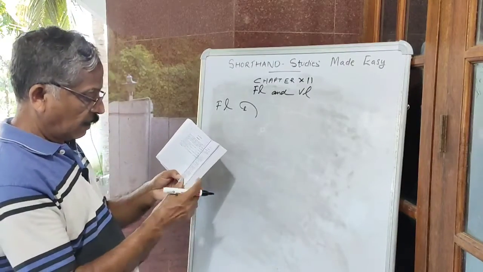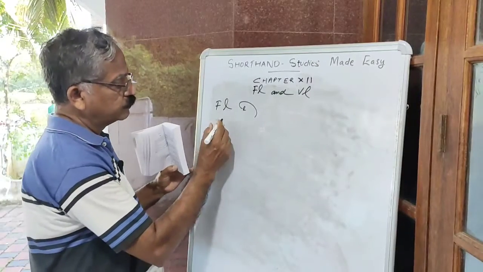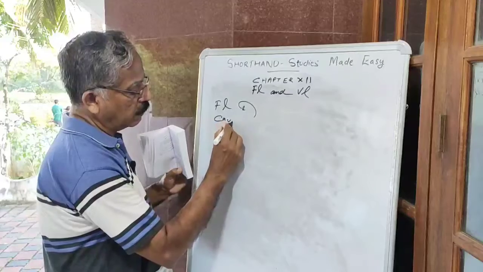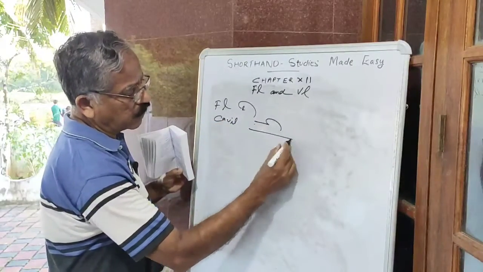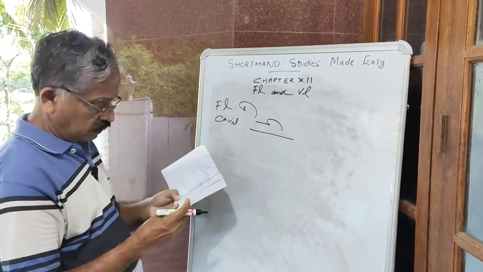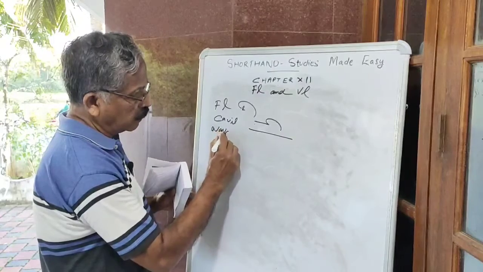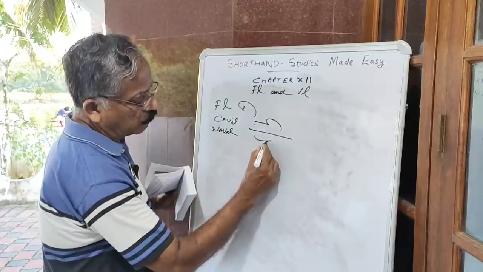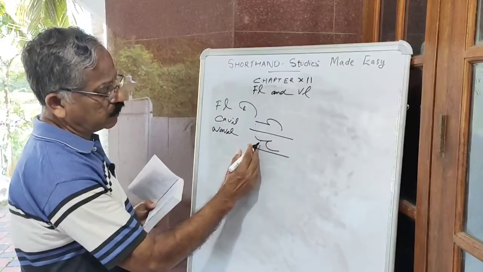Now the example, kavil. All right, kavil, above the line. Kavil, the wool. Kavil, the navel. How do I write navel? Navel on the line. This is a second place vowel.